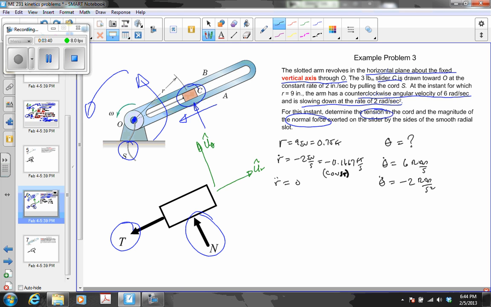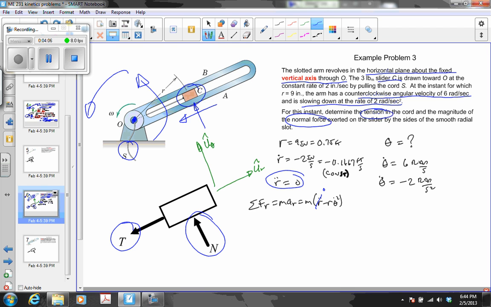So just like the previous problem, I'll just sum forces in the two directions. Let's sum forces, I'll start with the r direction this time. Sum of forces in the r direction is equal to m times a_r, which is r double dot minus r theta dot squared. So r double dot is 0, so that goes to 0.